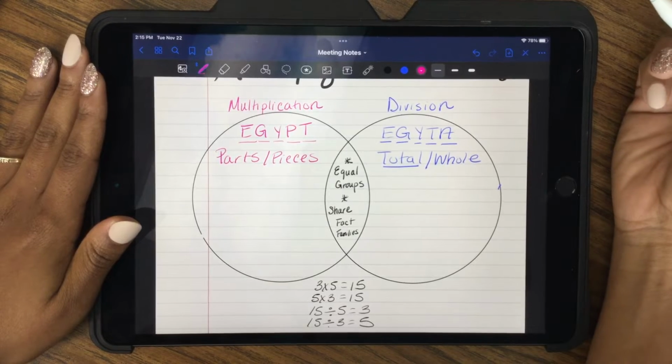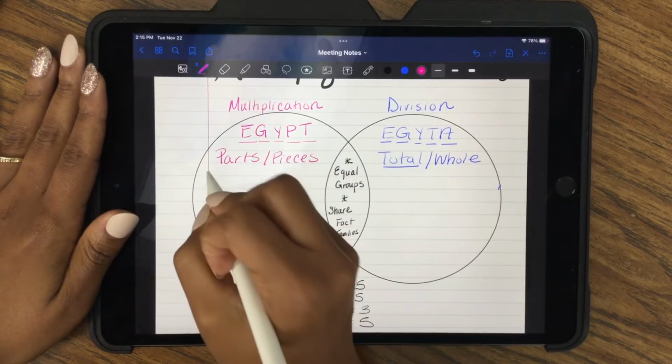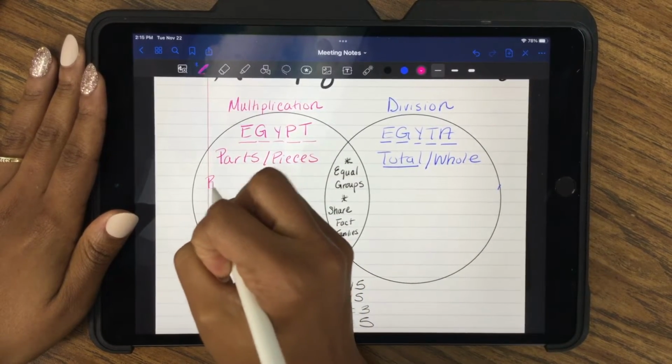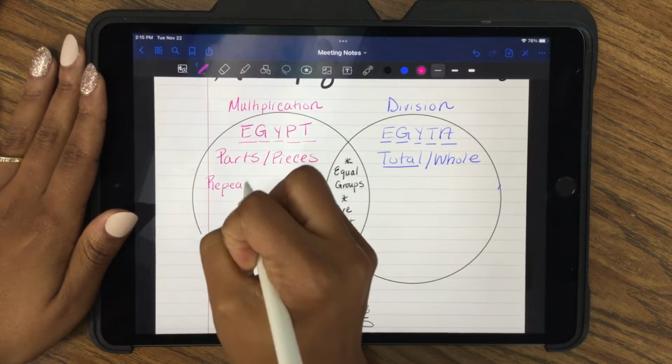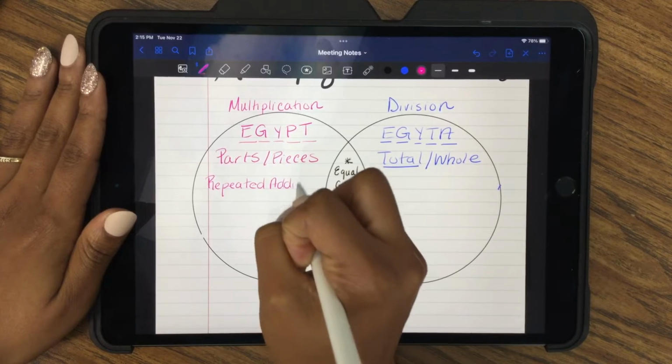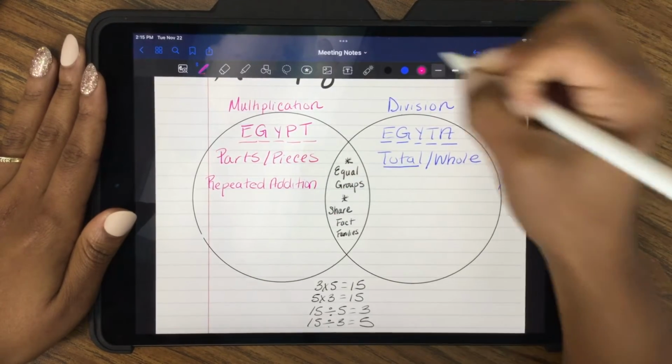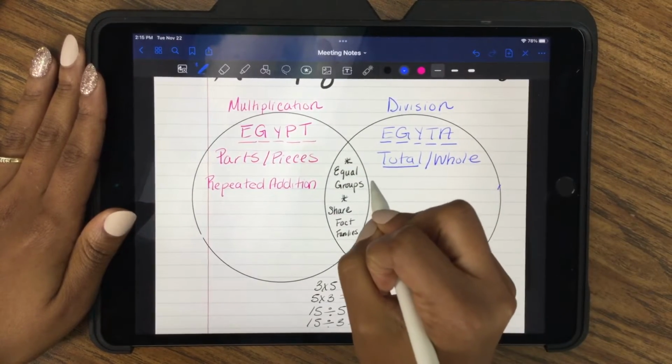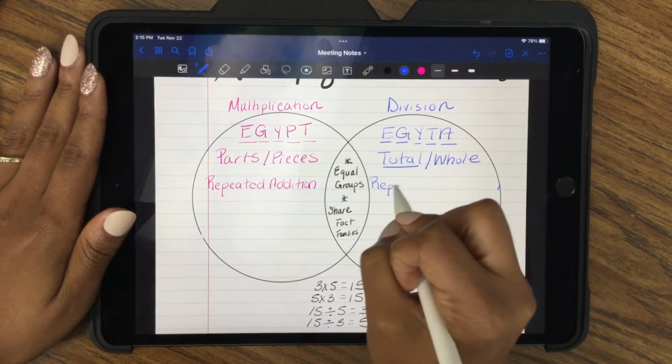For multiplication, you are going to be seeing or doing repeated addition. And for division, you're doing repeated subtraction.